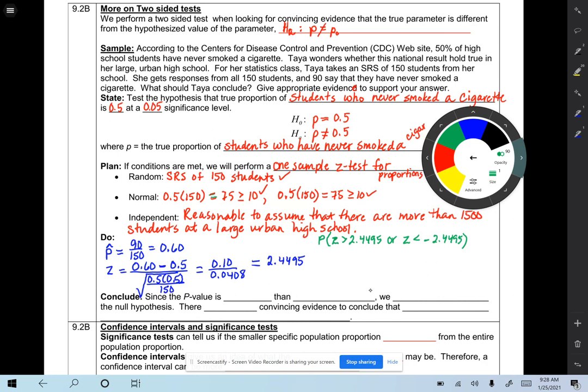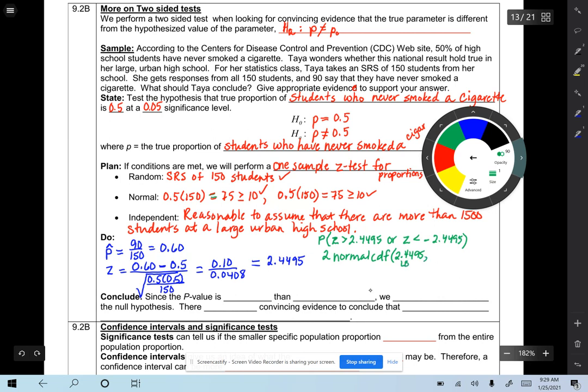So before you even go to second vars, type in the number 2 on your main screen, and that way you don't have to worry about multiplying by 2 afterwards. So 2 times normal CDF, your lower bound is the positive z-score, 2.4495.